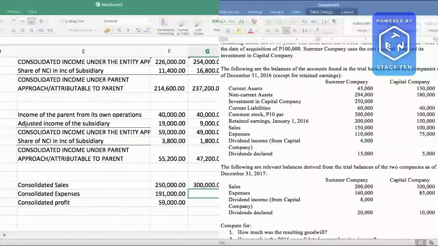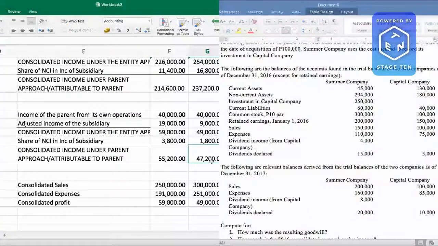So the expenses of the subsidiary in the eyes of the consolidated entity is 91,000. So you will add 160,000 plus 91,000. This would be the expenses in the eyes of the consolidated entity. If you already have your consolidated sales and your expenses, you should be able to get your consolidated profit, which is 49,000, which is the same as what we have solved above.